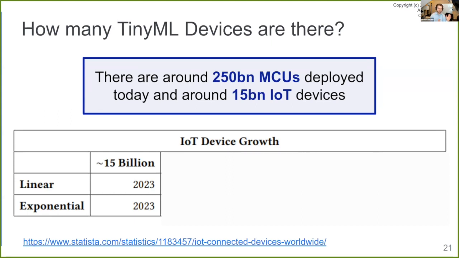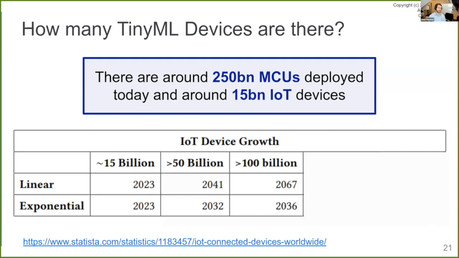So we said, okay, let's assume there's 15 billion TinyML devices today. Let's assume some sort of linear growth and exponential growth based on some data from Statista. You can look at the actual data on the IoT devices there. They project linear growth, so we also said, let's model exponential. That gets us to around 100 billion devices in 2035 or 2036 or 2067. So not for a little while.